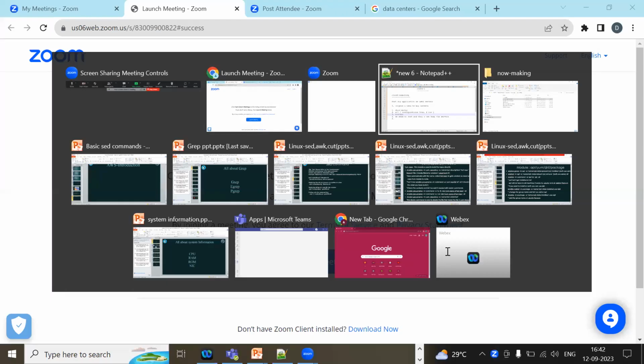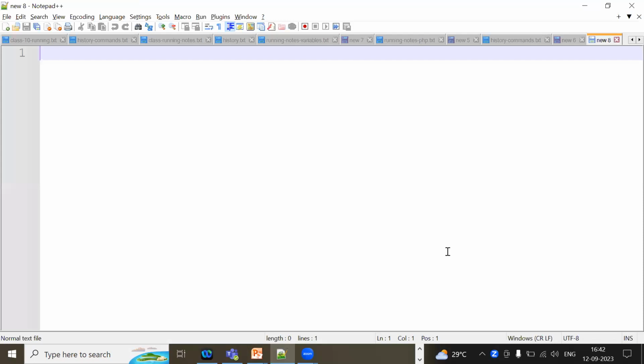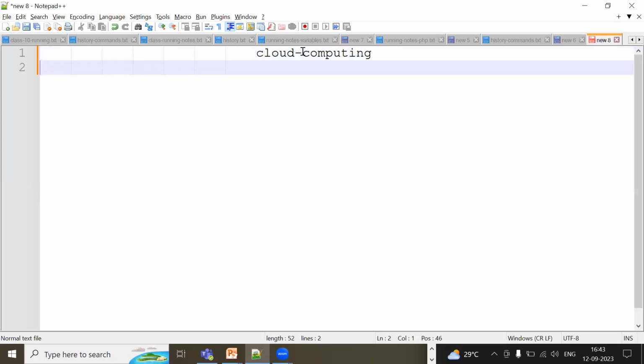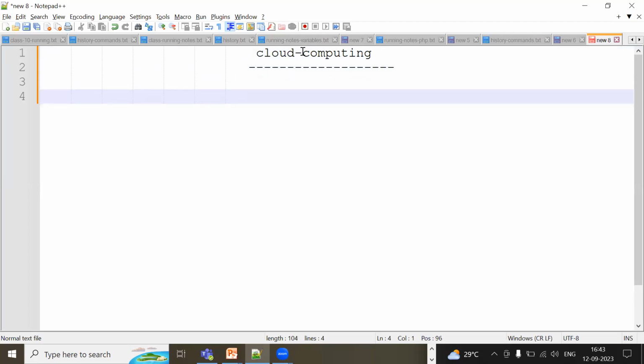So can you let me know, Surya, why do we use or go for cloud computing? What is cloud computing actually? To host any application, we need servers.